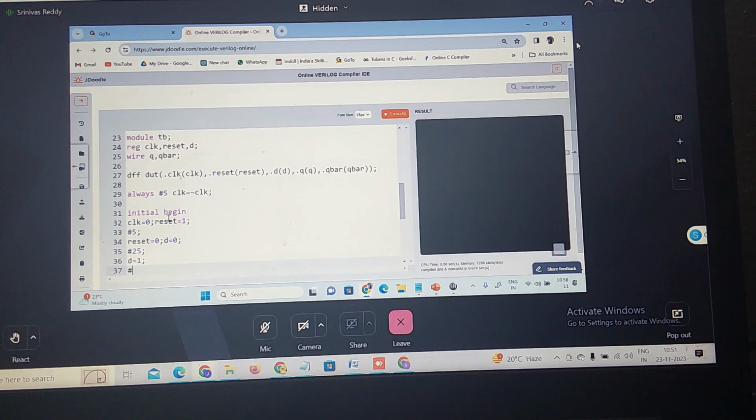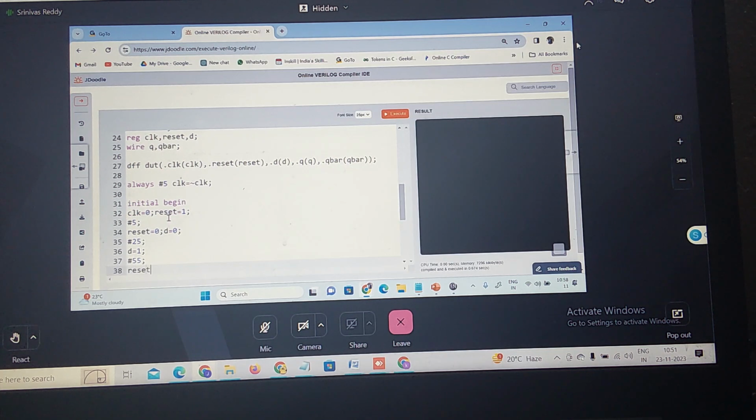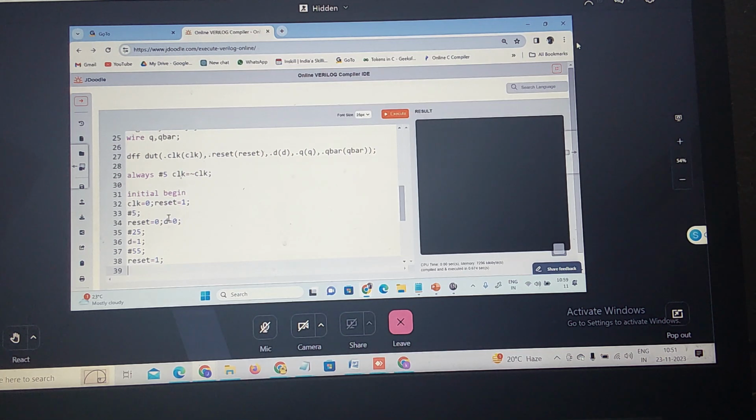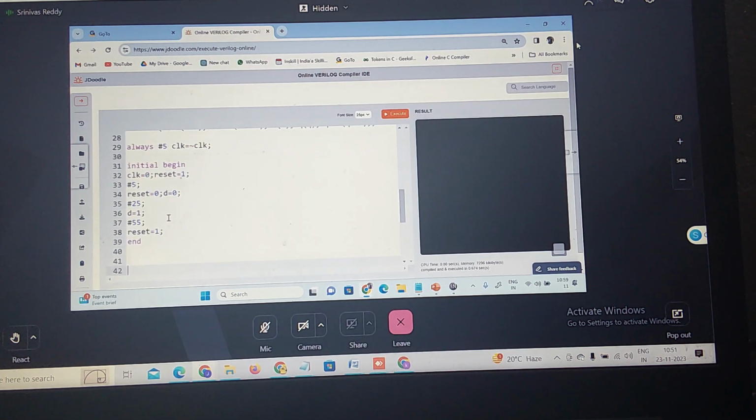Then at 55, somewhere around 55, I am going to make reset equal to 1 again. Then I am going to end this block. Are you clear? Did you understand this initialization?